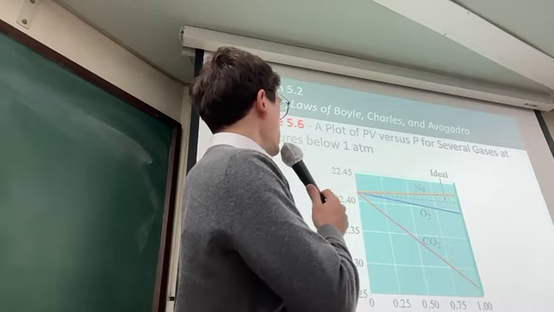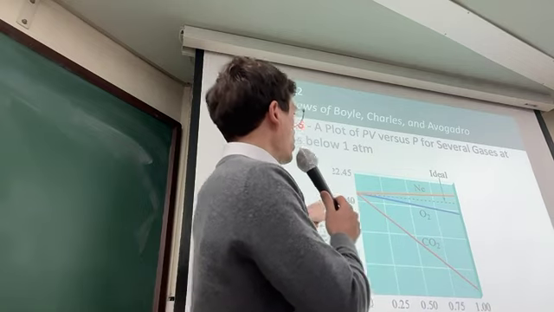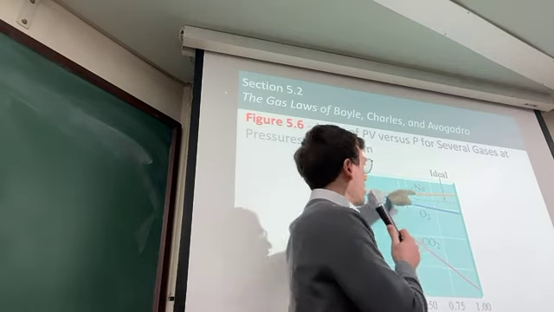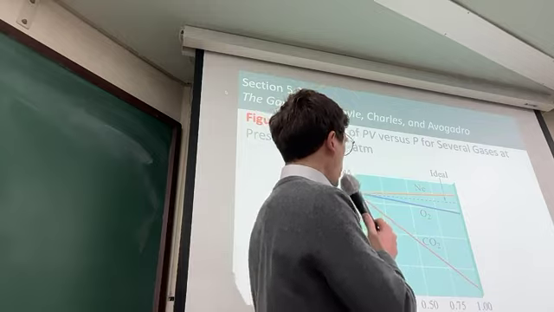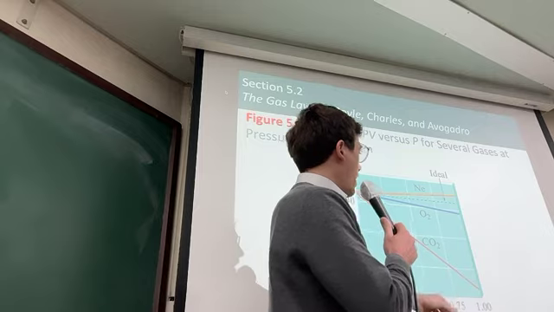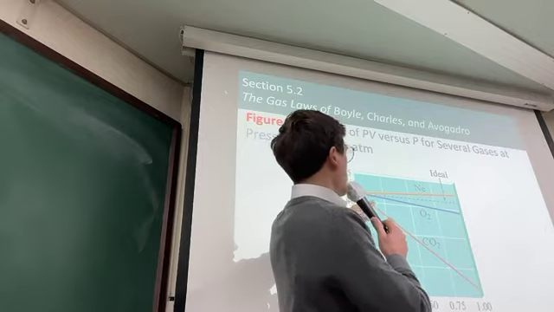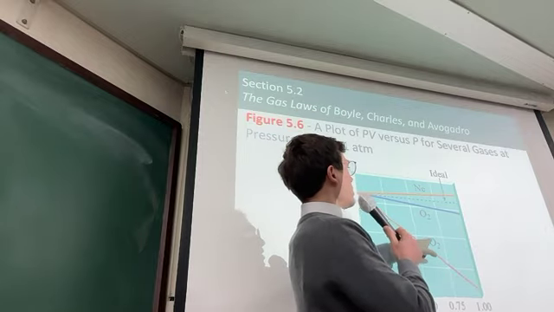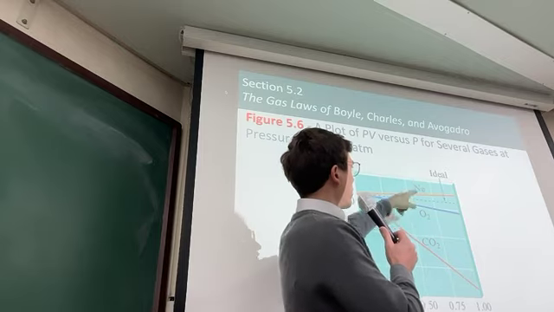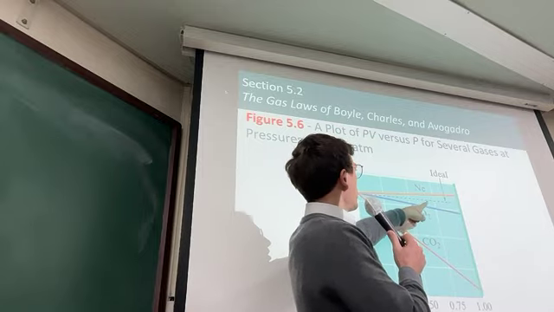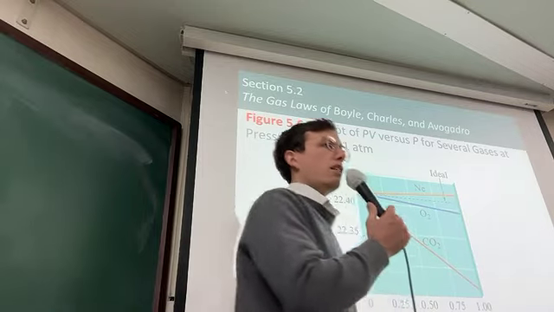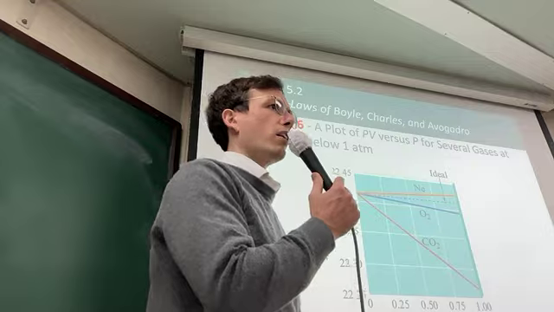What they plot here is P times V, so there should be a constant, like the dashed curve. But you can see already at half an atmosphere, you start to get deviations from the ideal gas, especially for something like CO2. For neon and oxygen, you could say they behave ideally under atmospheric conditions, right?